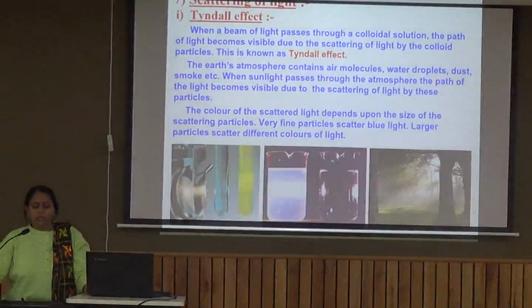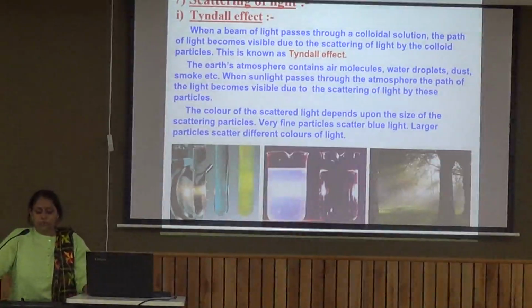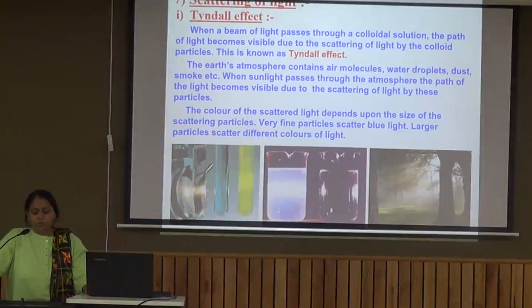Now, scattering of light, the Tyndall effect. When a beam of light passes through a colloidal solution, the path of the light becomes visible due to the scattering of light by the colloidal particles of the medium. So, this effect is called the Tyndall effect.